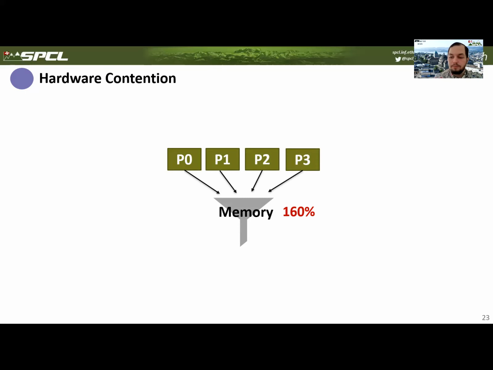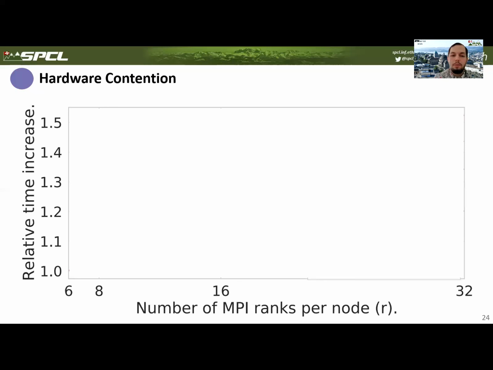To validate our findings, we perform single parameter modeling experiments where we only vary the number of MPI ranks per node. So this is a single evaluation point of LULESH. And we should see that the computational kernels' behavior should not change. There is no overallocation of cores.